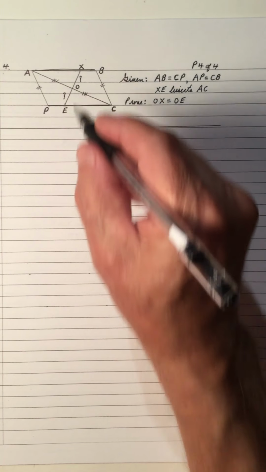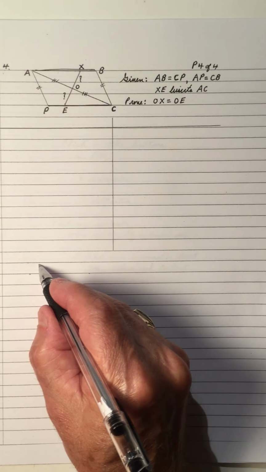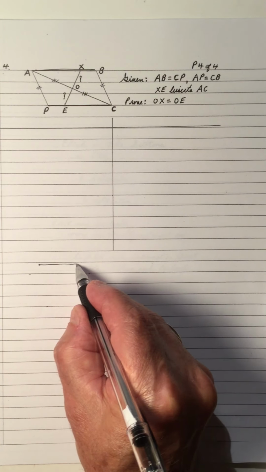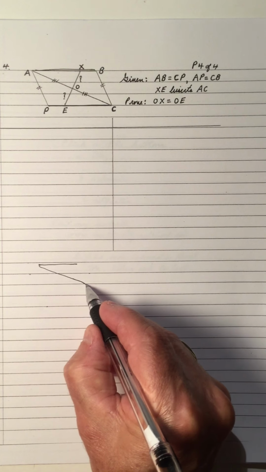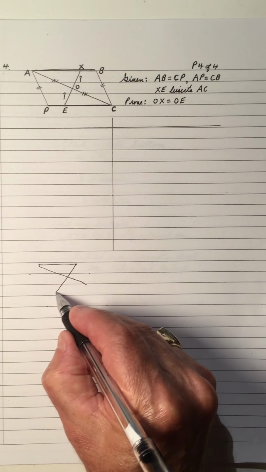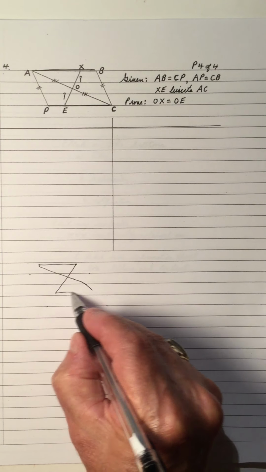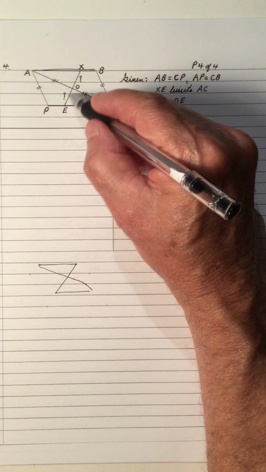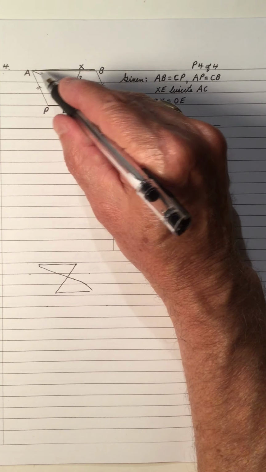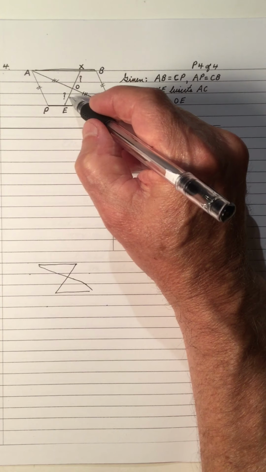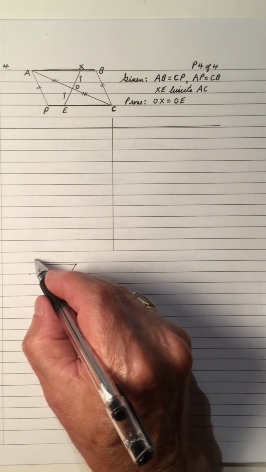So to get these two, let's see if we can draw that. So we have this situation. I need to get OX. I'm trying to get these two triangles, AXO and CEO.